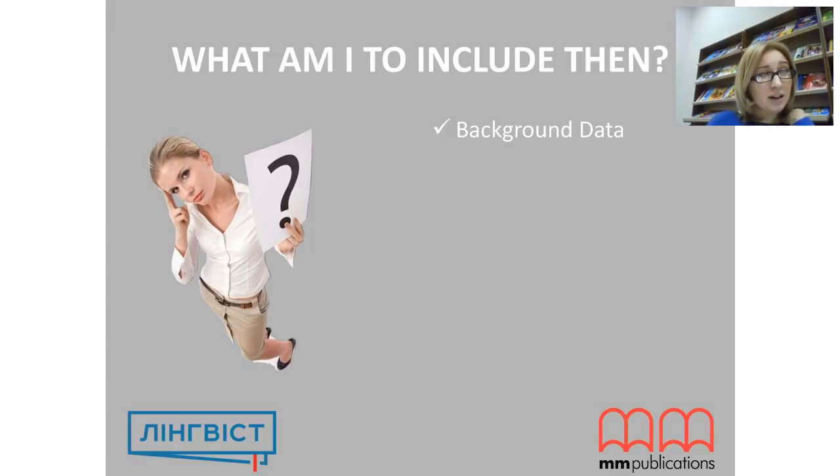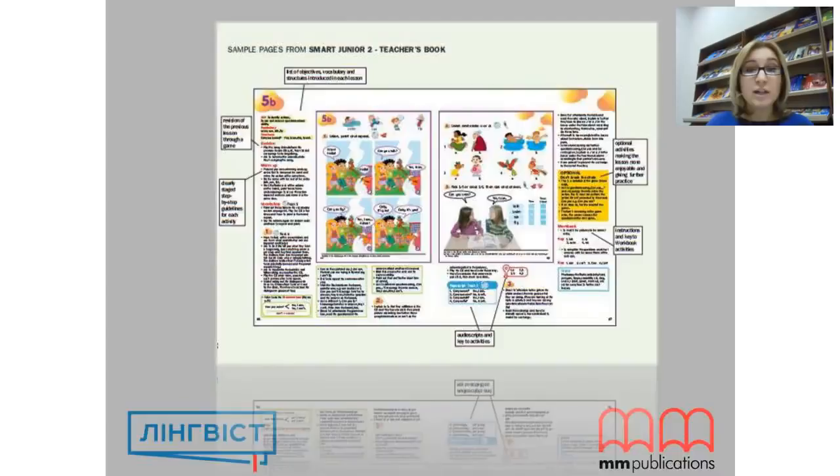So then let me share with you some information which I include in my lesson plan and which helps me to be, as it seems to me, more interesting for my students. So first of all, each lesson plan has to include the background data.